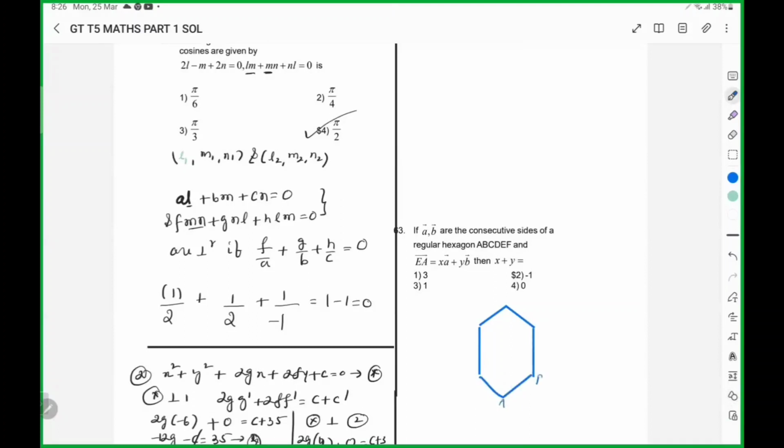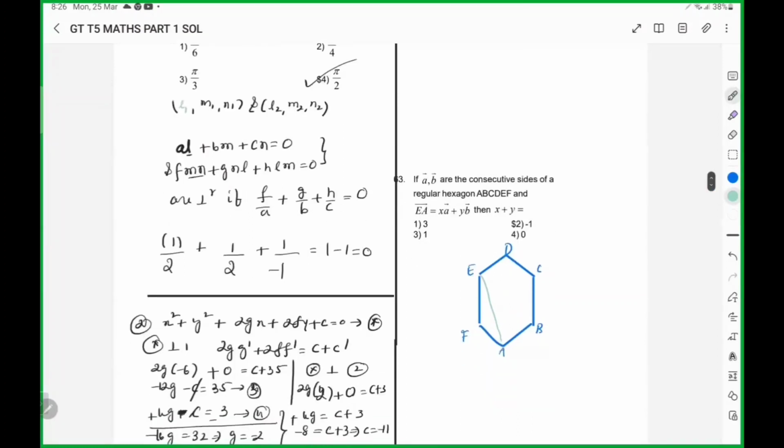Next problem: a bar and b bar are two consecutive sides of a regular hexagon ABCDEF. What we have to find out is A bar. So A bar is EF plus FA. Two consecutive sides, let us say AB, BC.